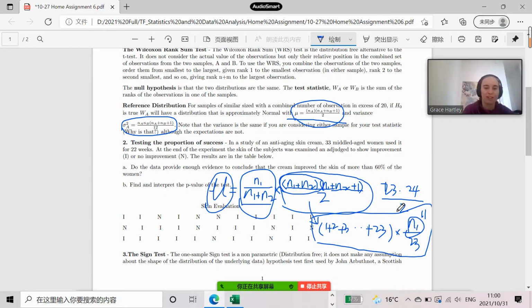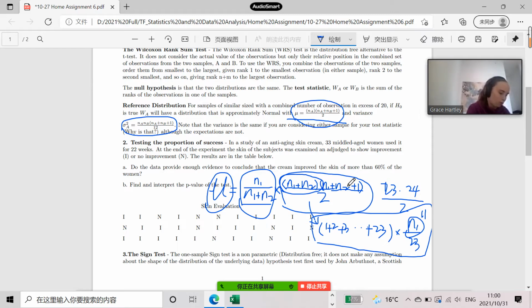I'm not sure. I think I'm getting a little lost in the sauce here, but we solved it. I expect the mean to be 132. And then for the variance, I do the same thing, or plug in the numbers. So it's 11 times 12 plus 11 plus 12 plus 1 divided by 12. To do the math.